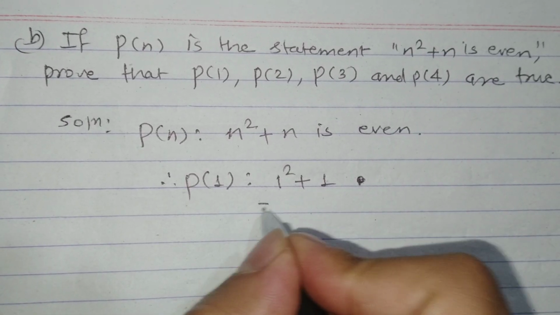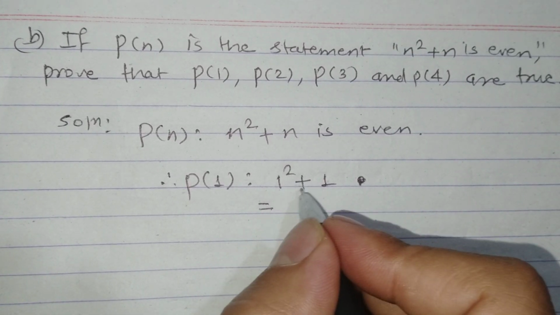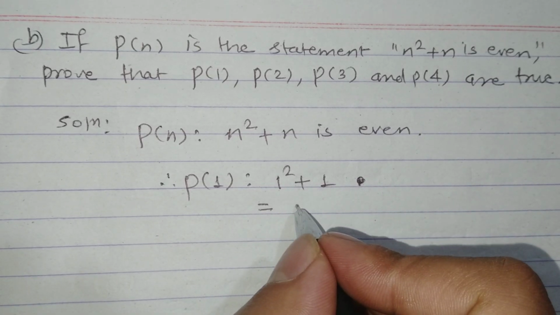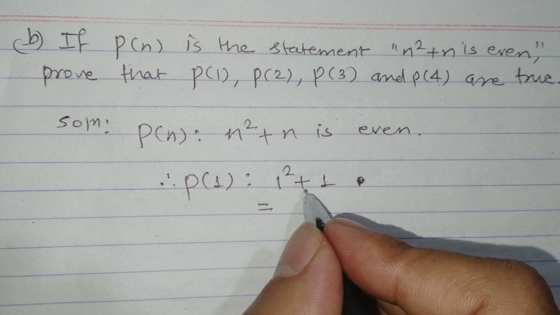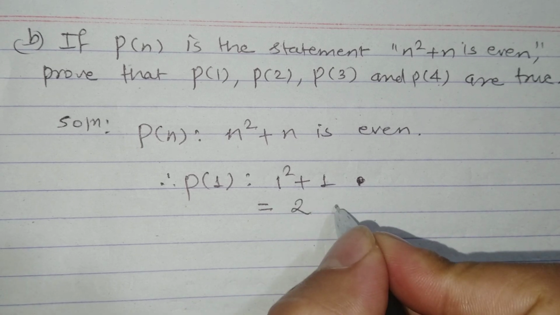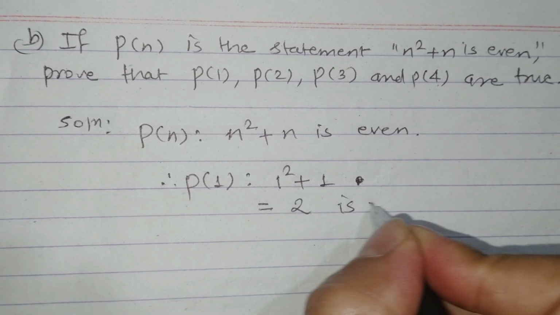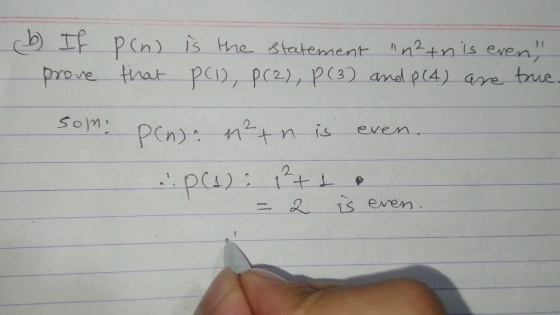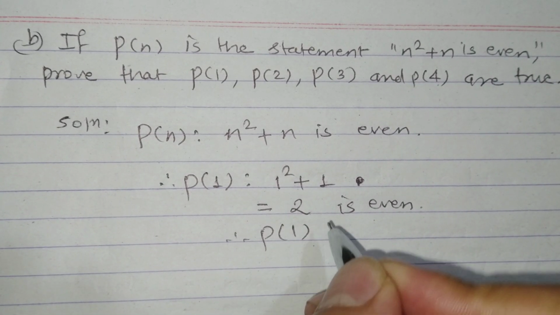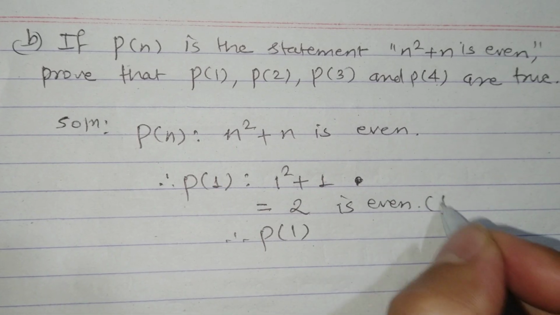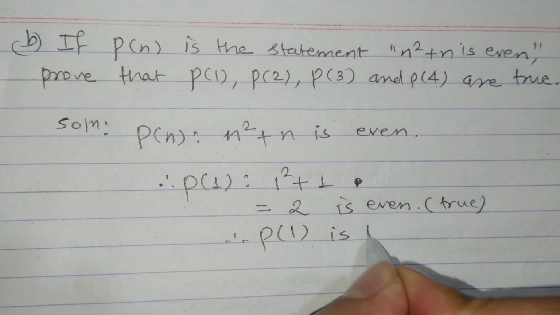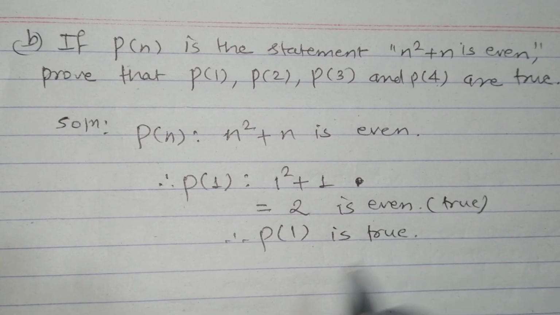Now we check this. 1 square plus 1 is what? 1 square is 1 and plus 1 is 2, and 2 is even. So this is proved, that is P1, 2 is even, which is true. So P1 is true.